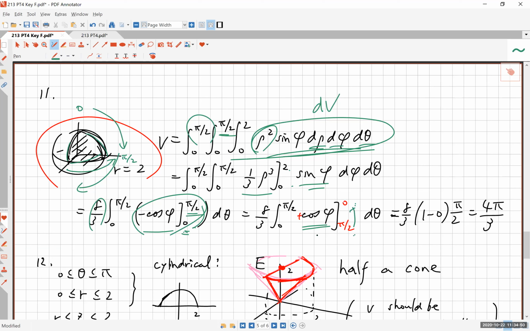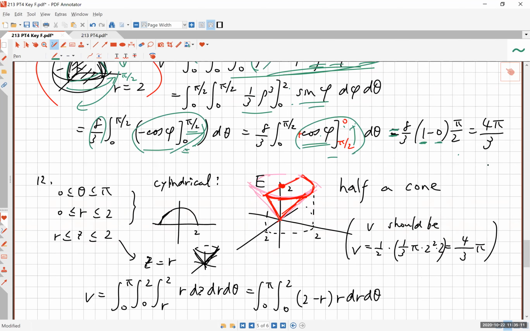I know this is backwards, but that makes it easier because cosine of 0 is 1 and cosine of pi over 2 is 0. So this is 1, right? And so that's an equal sign. That's not a negative sign. I didn't want to have a negative sign. That's why I switched this. All right, so this is pi over 2 times 8 over 3, and that's 4 pi over 3.